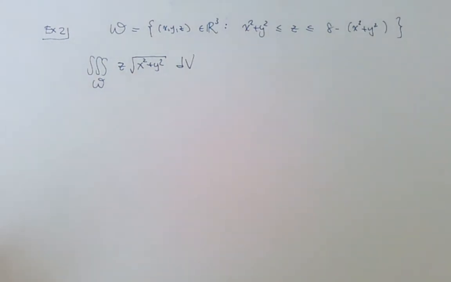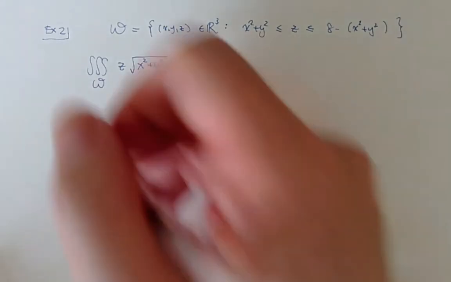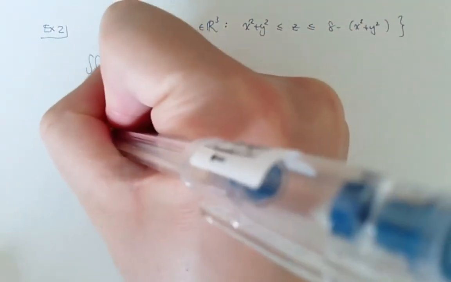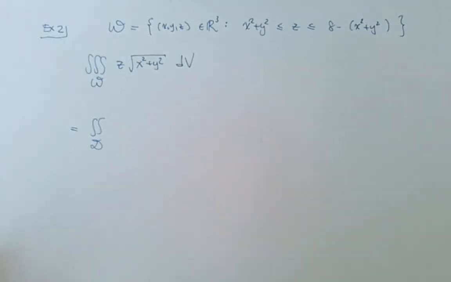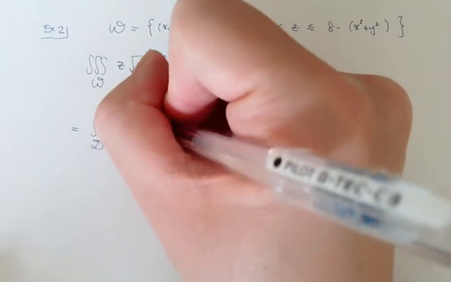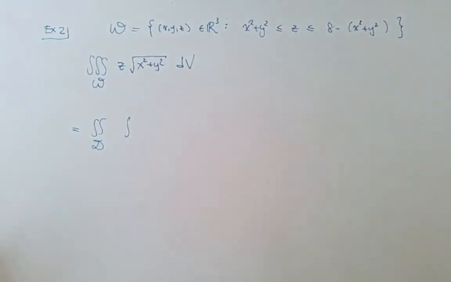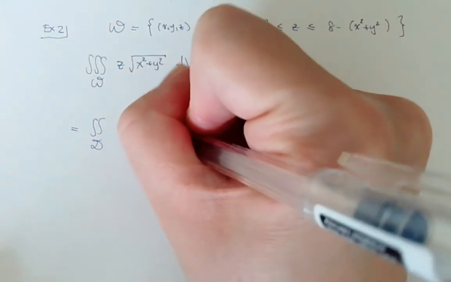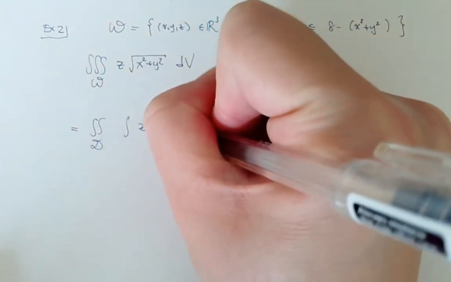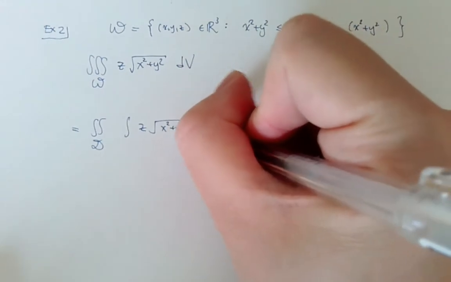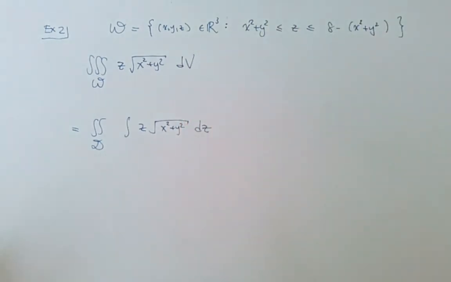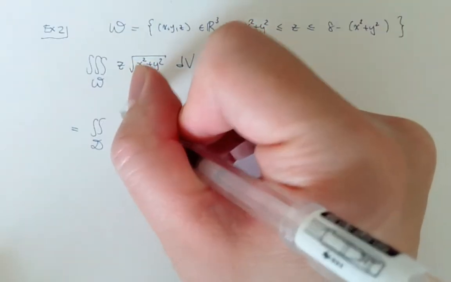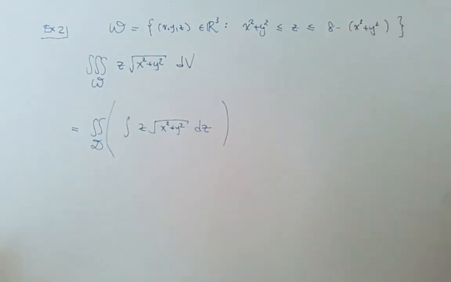Remember, usually what we do for triple integrals is to first get it into a double integral of an iterated single integral. And let me copy first x squared plus y squared. And now we usually integrate z first, and then this entire integral will integrate with respect to area.